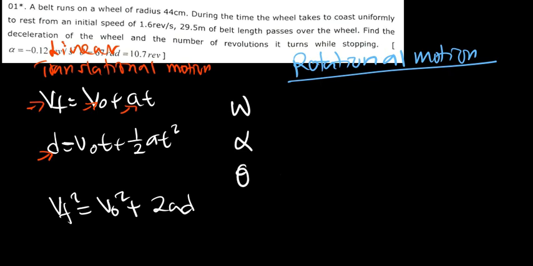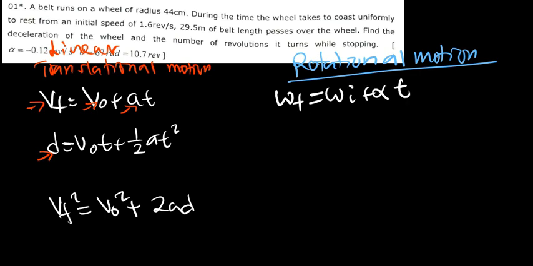These are the only changes. So the same formula, but here I'm going to say omega final is equal to omega initial plus alpha times t. Meaning the final angular velocity is equal to the initial angular velocity plus angular acceleration times time.